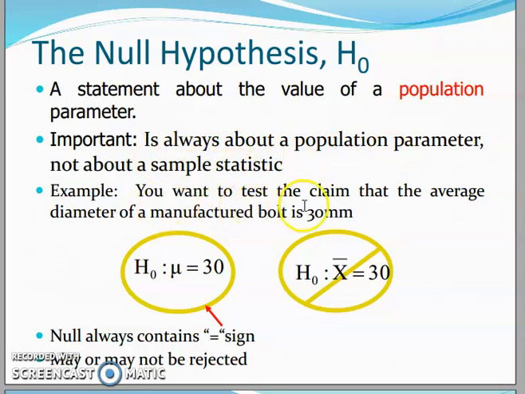For example, you want to test the claim that the average diameter of a manufactured board is 30 mm. This is referring to the population parameter or population mean. So when we write the H null, it is mu equals 30 and not x bar equals 30.